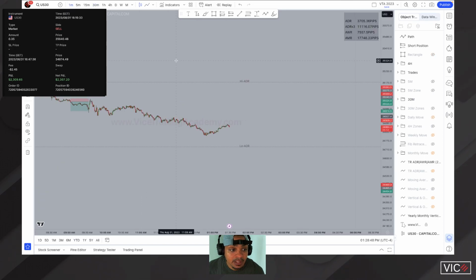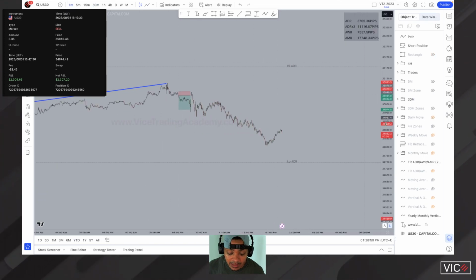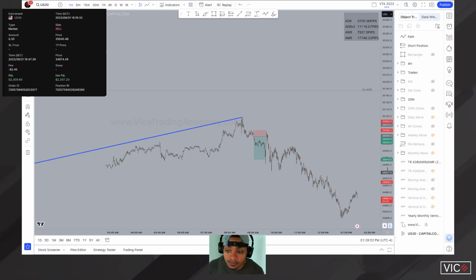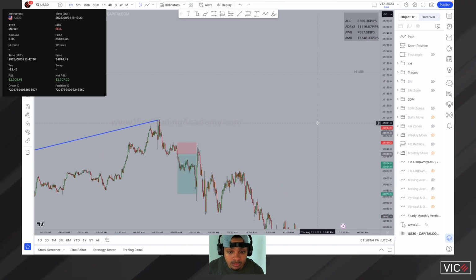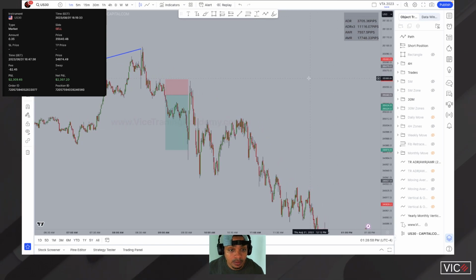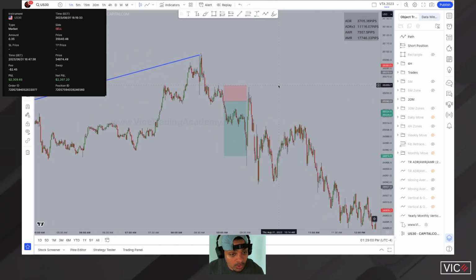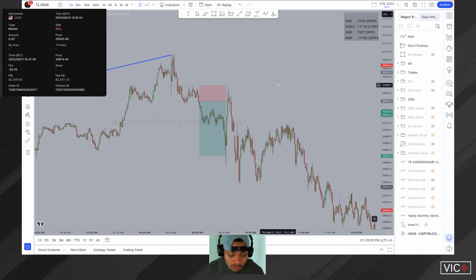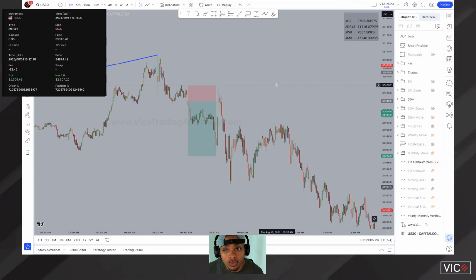But this is how I'm trading, guys. Again, I'm still using our fundamentals, still using market makers pattern, still using ADR, right? I just added market structure because market structure is key. Market structure lets us know where it's been, where it's going, a little bit more precise once you understand how to read these things and candlesticks, right?